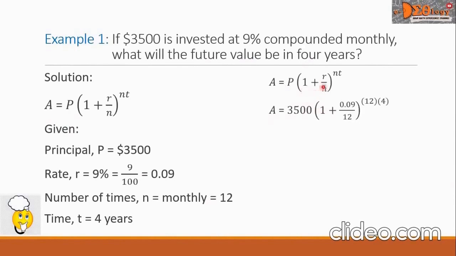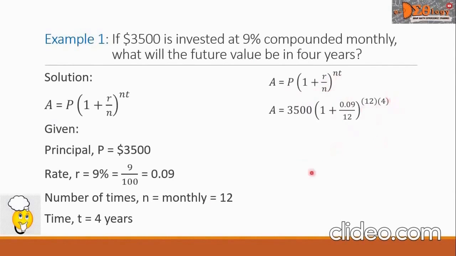Then plus the fraction R over N. The R now becomes 0.09 over the N, and we change N into 12. The exponent is a product, N times T. Our N is 12 and T is 4.